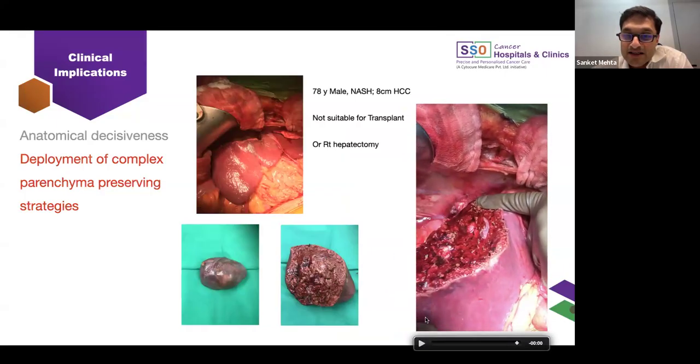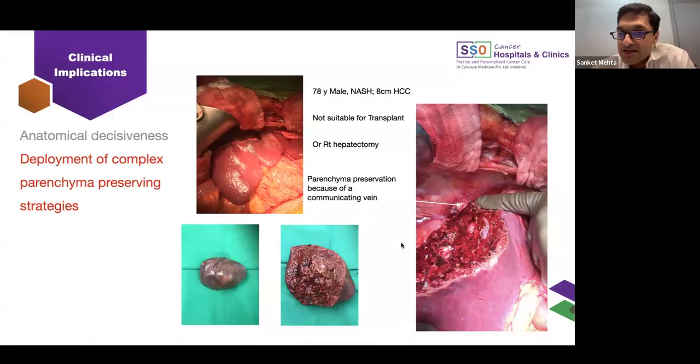But we are still able to preserve segment 6, 5 and everything because we identified this communicating vein between the distal part of the right hepatic vein and the middle hepatic vein. Communicating veins are present in almost 80% of the patients with compression of the vessels. They open up in response to involvement of a vessel by a tumor and can be used for parenchyma sparing strategies. This patient was operated 4 years back and continues to be in remission till date.